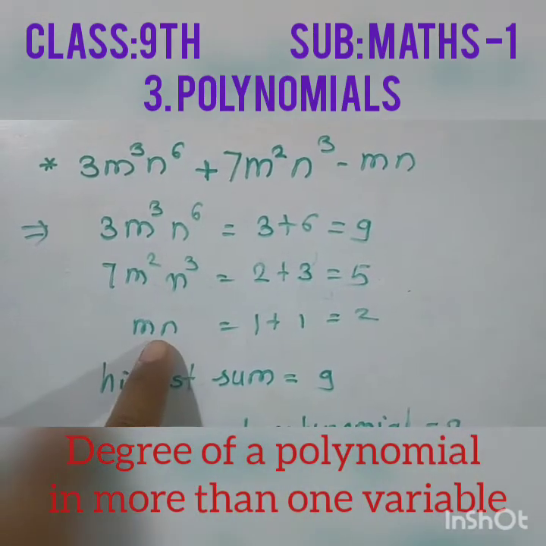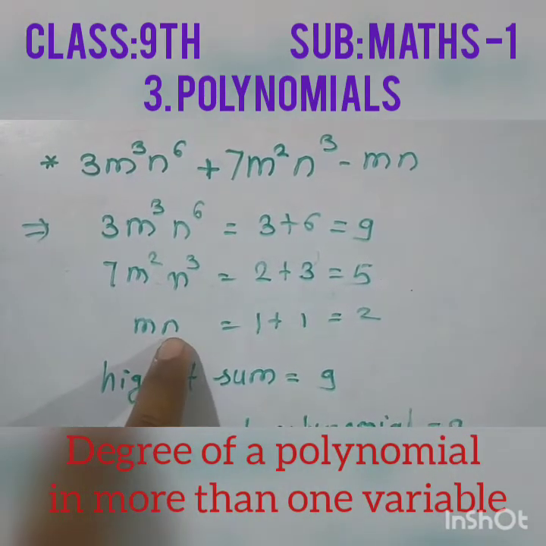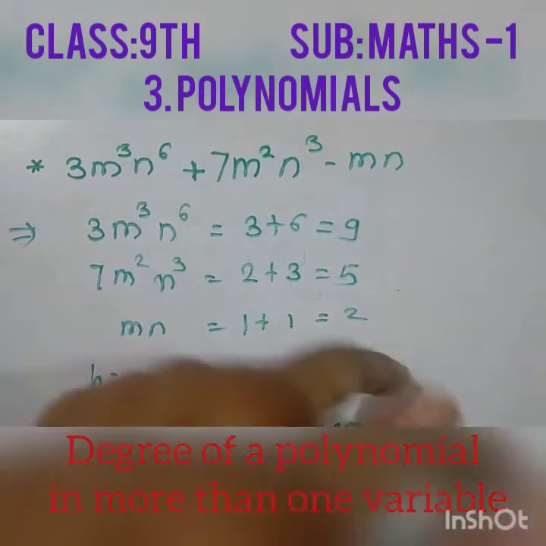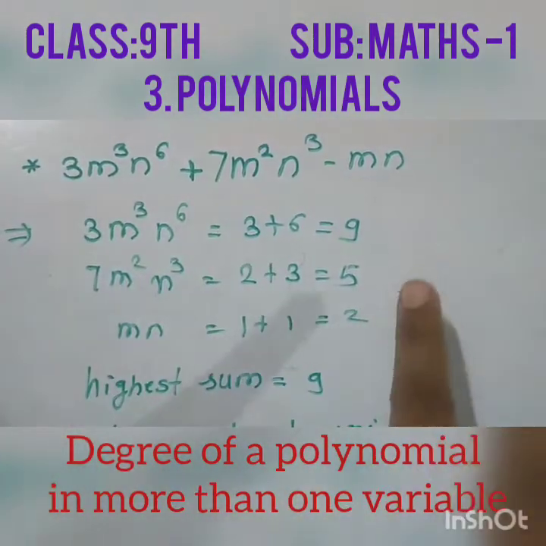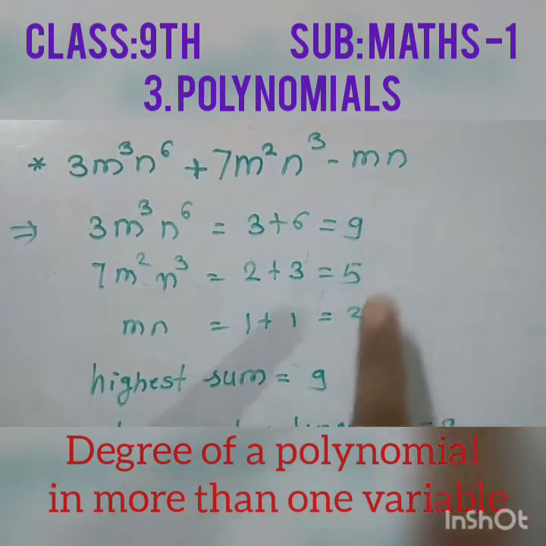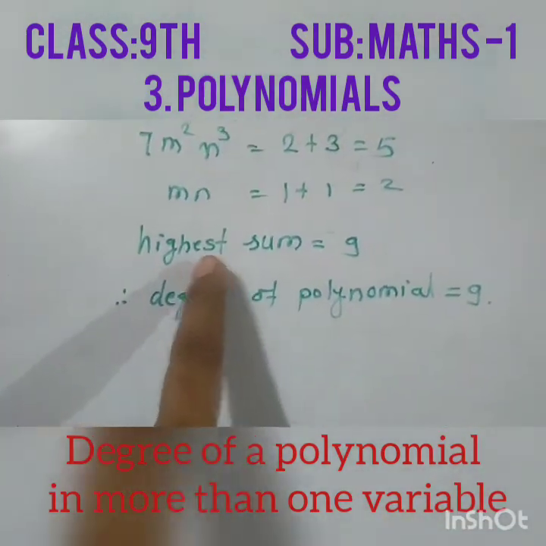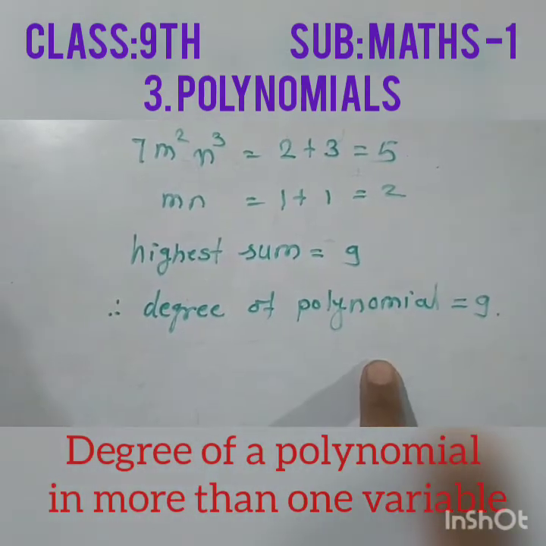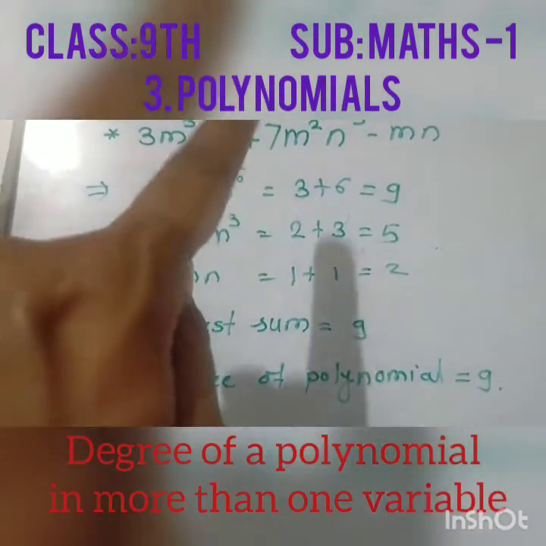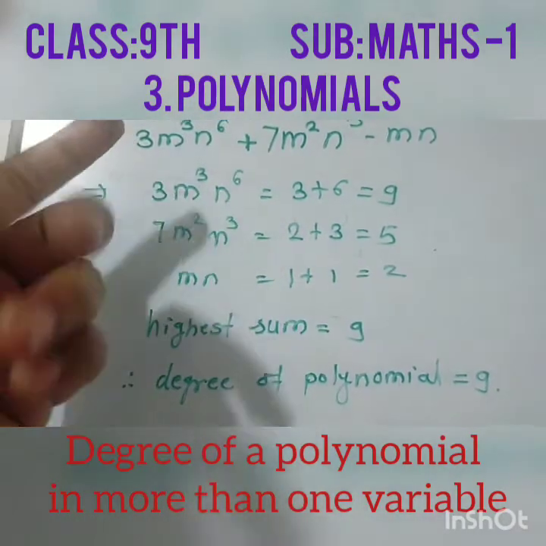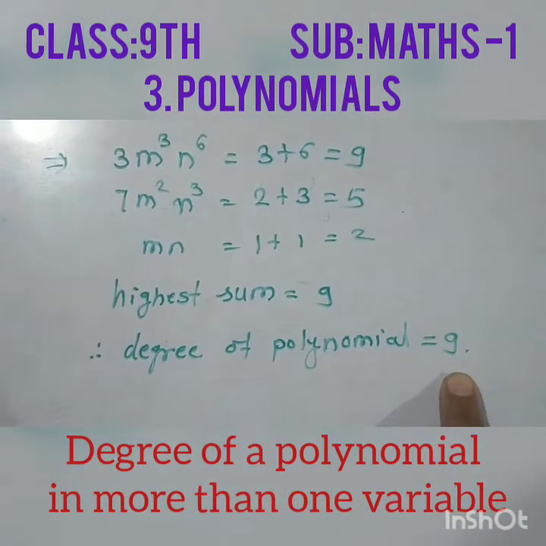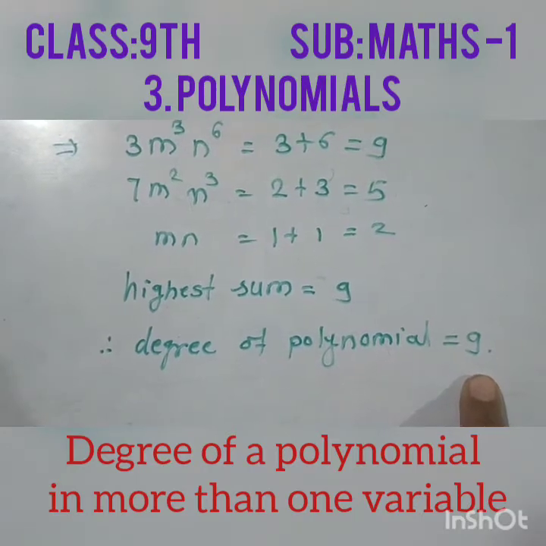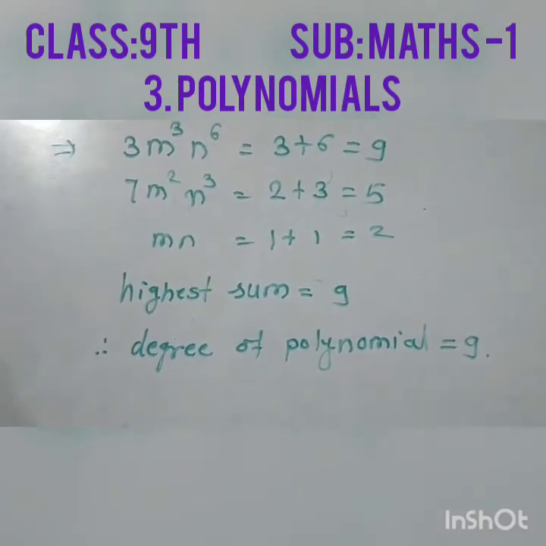And in the last term, 1 plus 1 equals 2. Which sum is highest there? 9 is the highest. Therefore, the degree of a polynomial in more than one variable is 9. It means the highest sum of the powers of the variables.